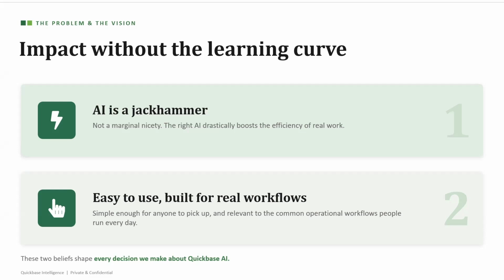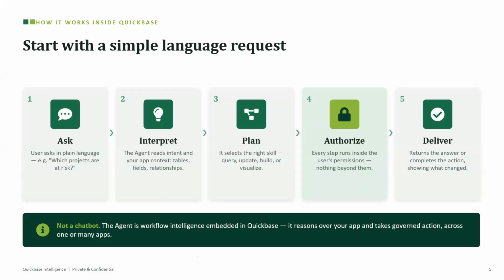And these two beliefs are integral to the decisions that we make about the AI in Quickbase, about the intelligence pack. For example, the AI agent, which is a central piece of the Intel pack, is a place where you can start with a very simple language request, and the tool is smart enough that it can deliver the expected result or an action without you having to do much.